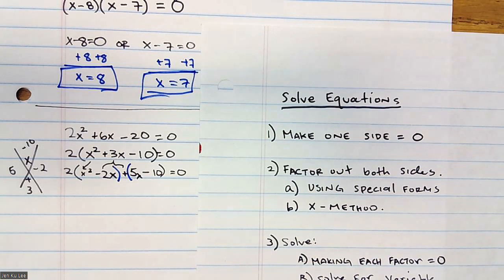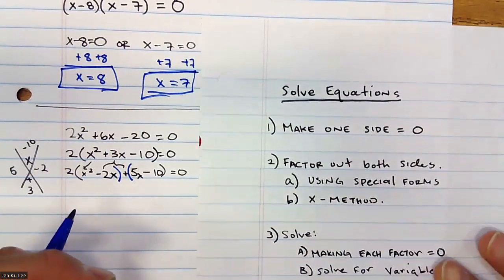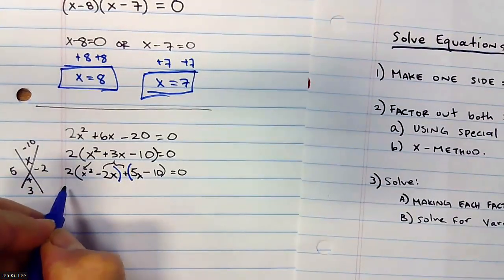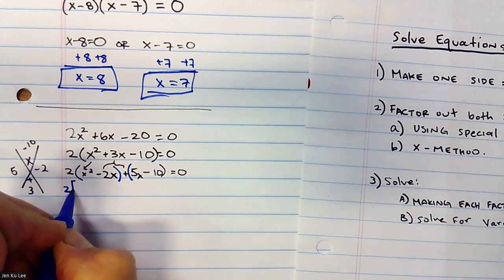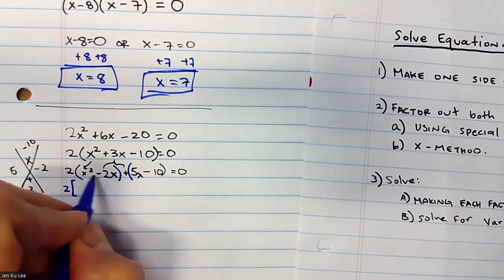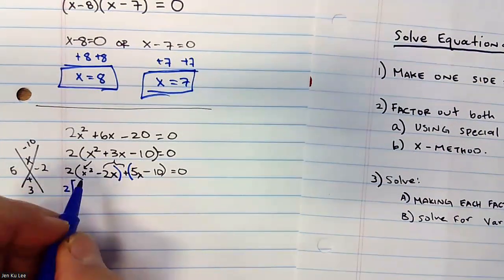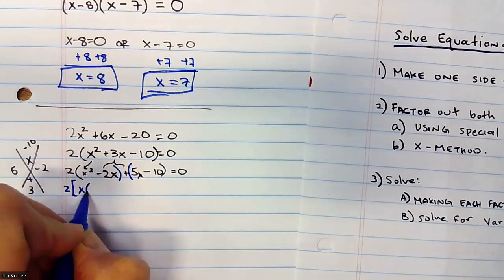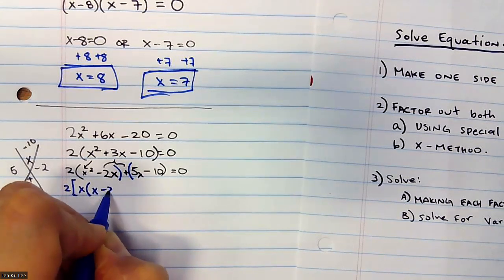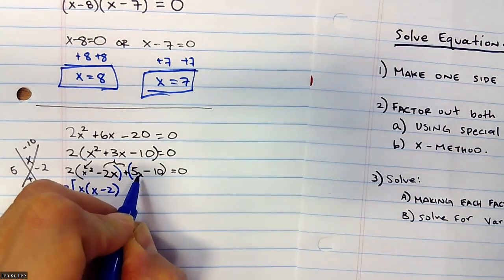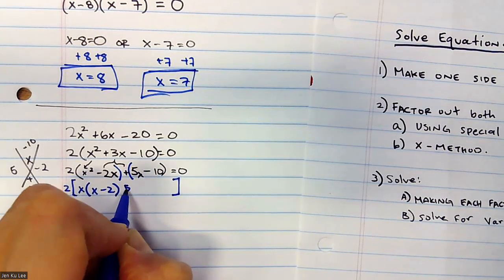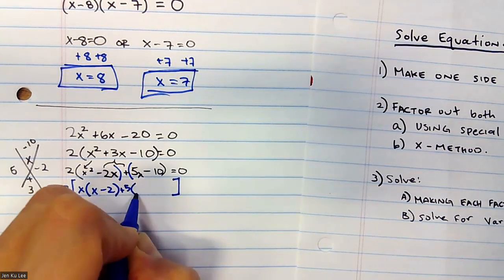When you pull out a negative, that allows for more mistakes. Okay. So now I'm still using the x method here. So 2 times, what can I pull out of an x squared and a negative 2x? X. So that's x minus 2. What can I pull out of 5x and a 10? A 5.